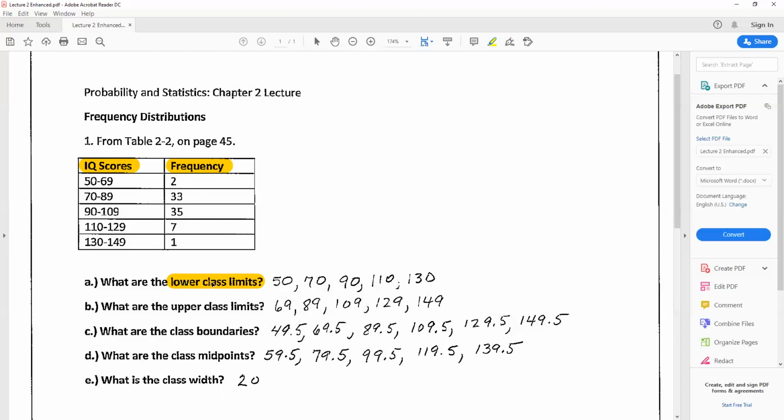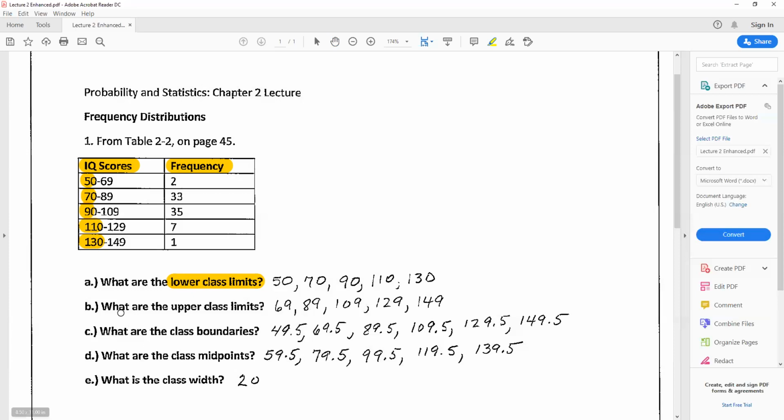So to determine the lower class limits, all we have to do is look at the numbers at the lower end of each range. I'll highlight these, and as you can see, the lower class limits would be 50, 70, 90, 110, and 130. So that takes care of part A.